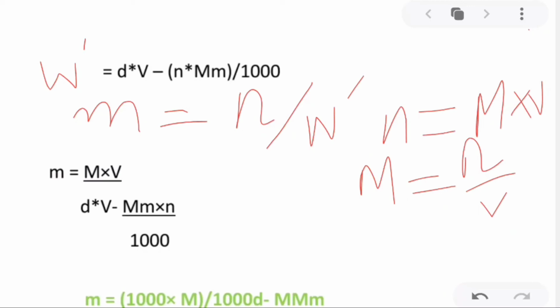So when we cancel some terms by taking common, we get that molality is equal to 1000 into M, that is molarity, divided by 1000 into density minus molarity into molar mass of the solute. So the relationship between molality and molarity is that molality is equal to 1000 into molarity divided by 1000 into density minus molarity into molar mass of the solute.